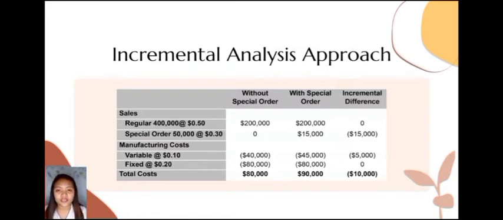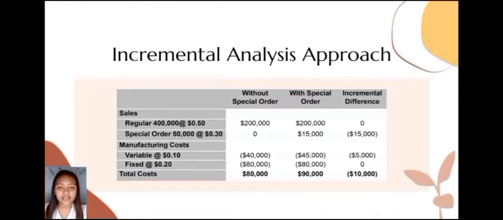So based on the incremental analysis table, if Joraki Incorporation accepts the special order, it will have a profit of $90,000. But if the company rejects the special order, it will only have an $80,000 profit. So the difference is $10,000. So the answer to number 2 is yes, the special order is profitable.